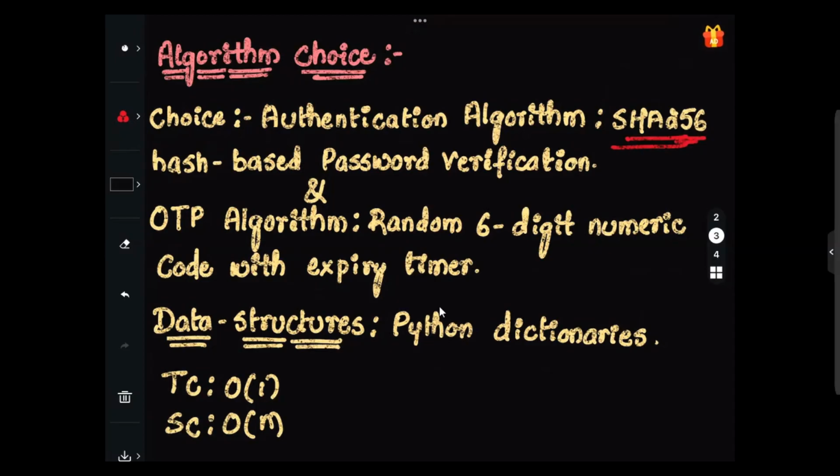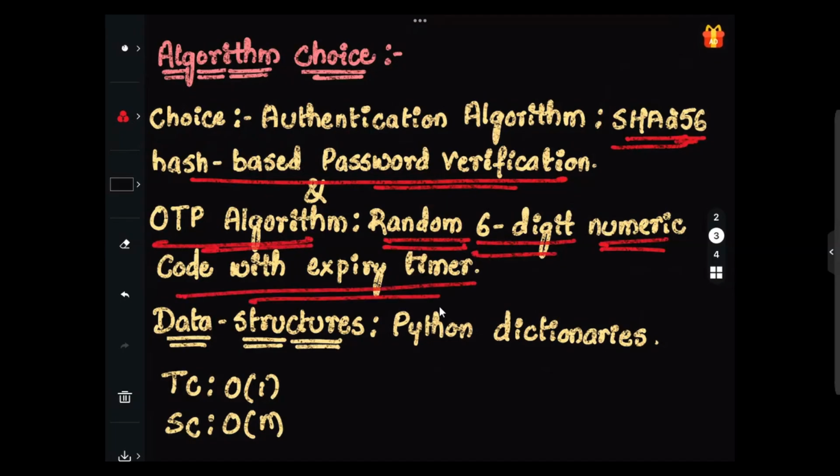Along with it, we have to go with an OTP algorithm as well: we generate a random 6-digit OTP, which can be sent via email or SMS. So for the authentication algorithm, we'll use SHA-256 hash based password verification, and for the OTP algorithm, a random 6-digit numeric code with an expiry timer.